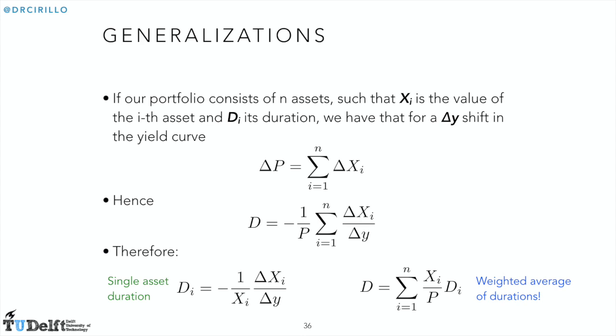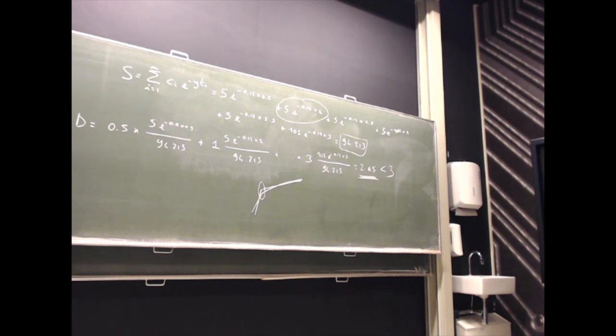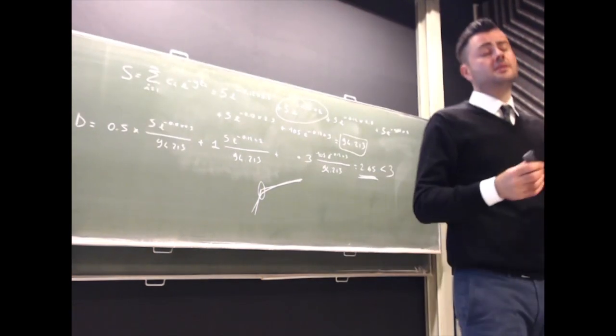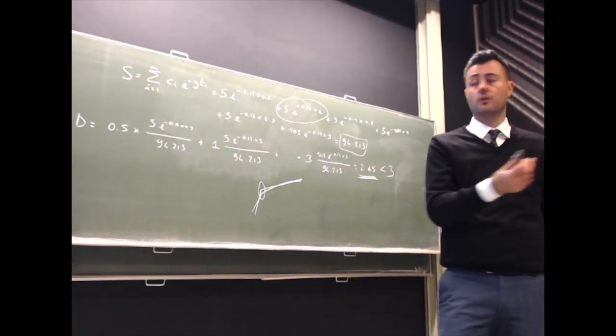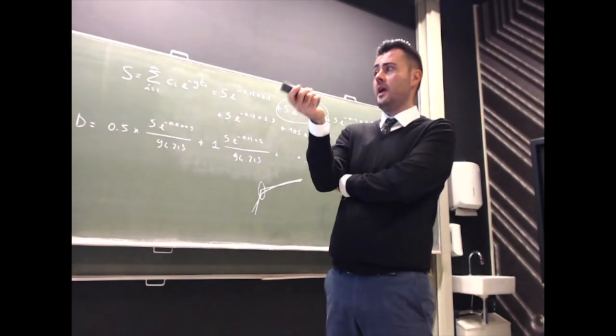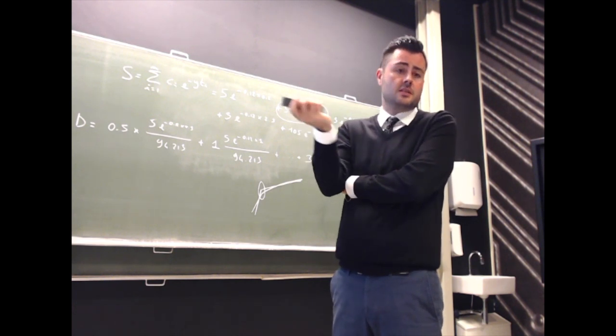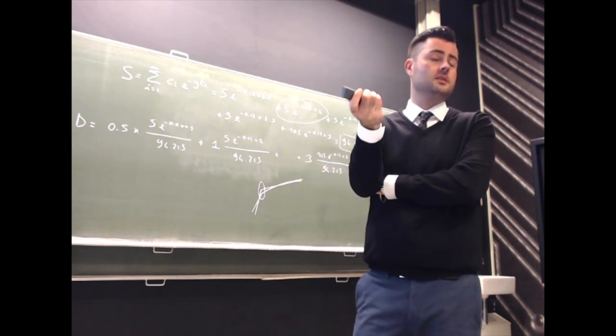But now what is interesting here is that I can play a little bit with these quantities. I can collect these quantities as I prefer. And what I can immediately observe is that if I come back to the original definition of duration that we gave, if x is the value of the single asset instead of the S we were using before, if I consider minus 1 over x_i, which is asset i, times delta x_i over delta y, this is the duration of the ith asset.